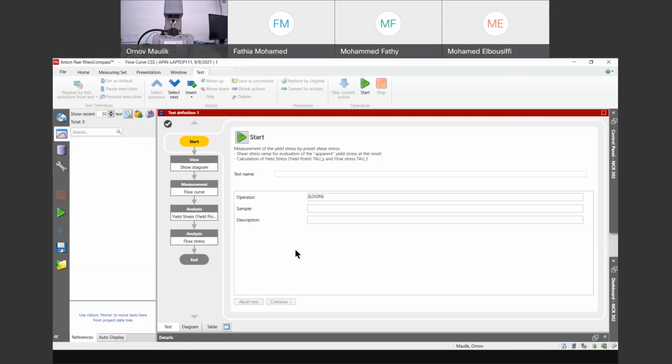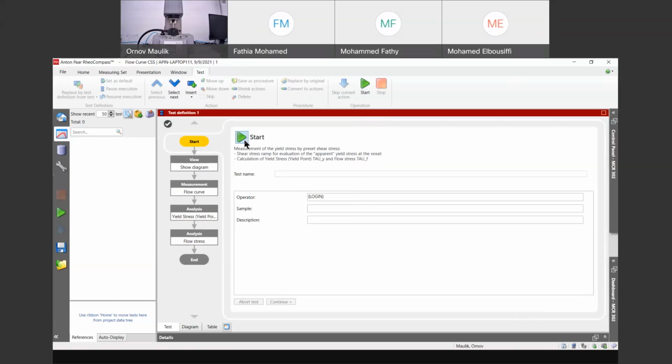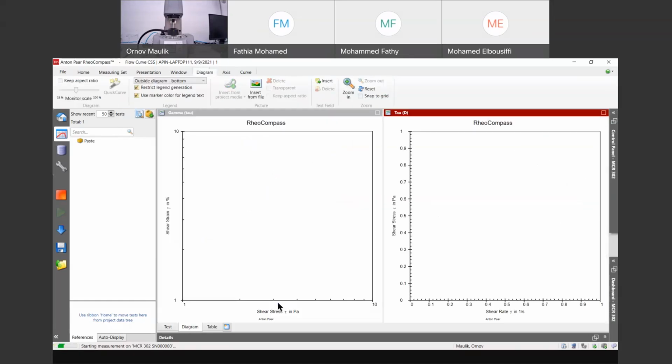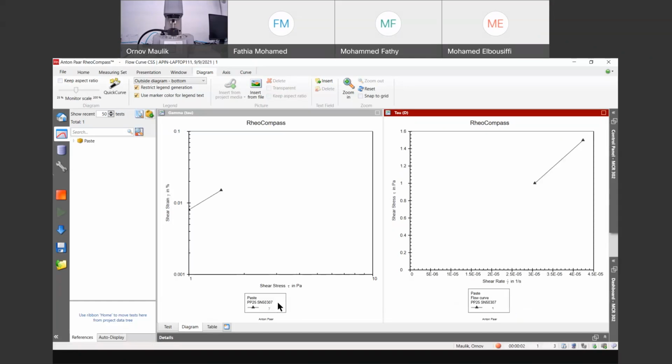So we have already our sample loaded. The temperature is fixed at 25. We can just start this test. I'll type the name, and I will continue. It will automatically go to the diagrams. In case you require, you can always add a waiting time in order to reduce the thermal gradient.